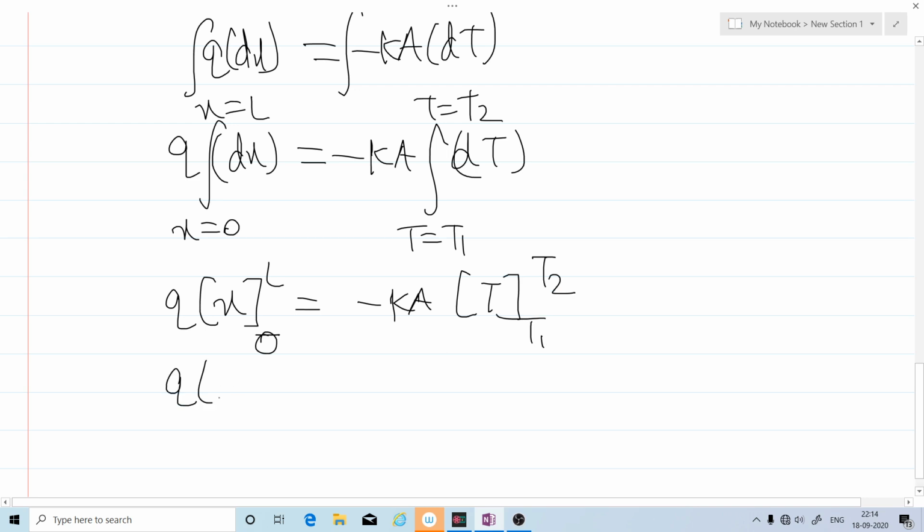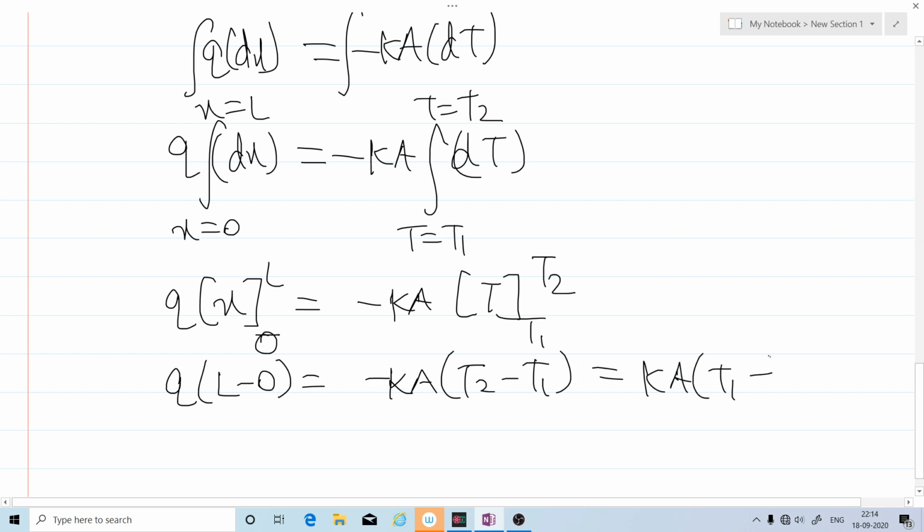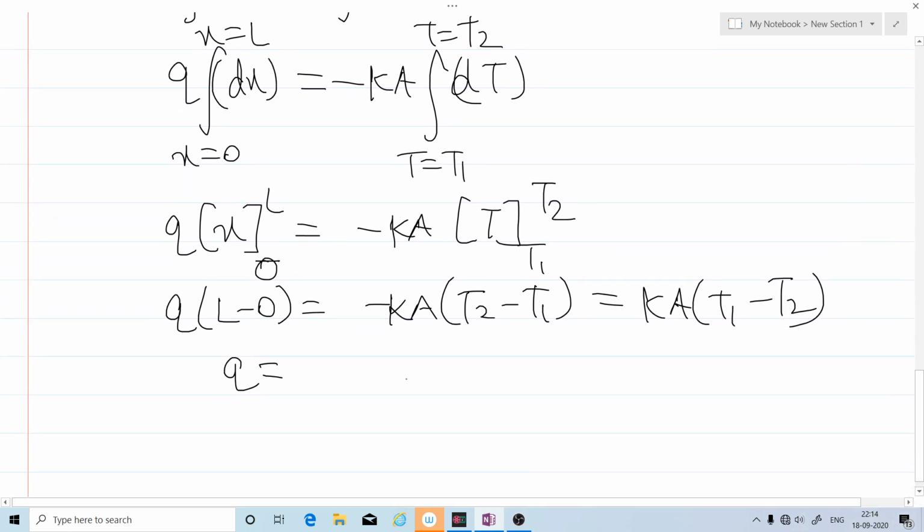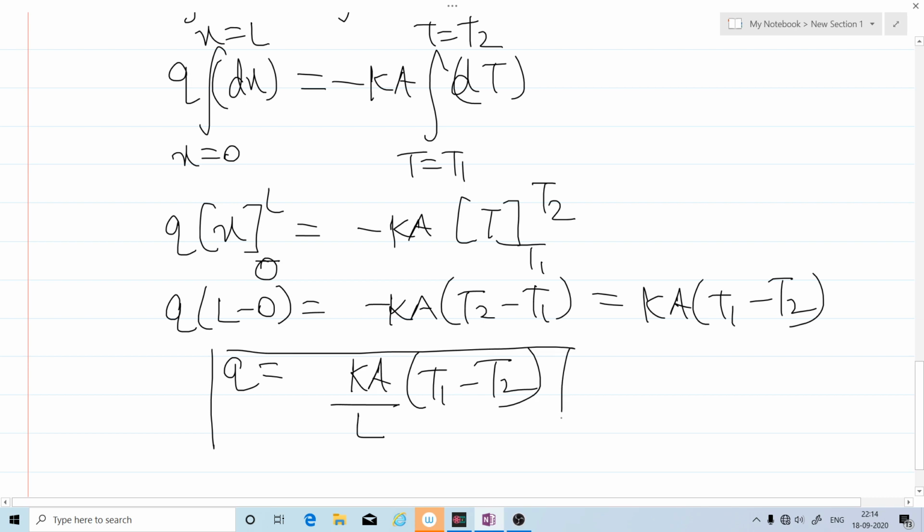Solving this, we will get qL minus 0 equals minus Ka times T2 minus T1, which can be rearranged as Ka times T1 minus T2. Now, if you want to calculate q, it will come out as Ka upon L times T1 minus T2. This is the formula for conduction heat transfer through a rectangular slab.